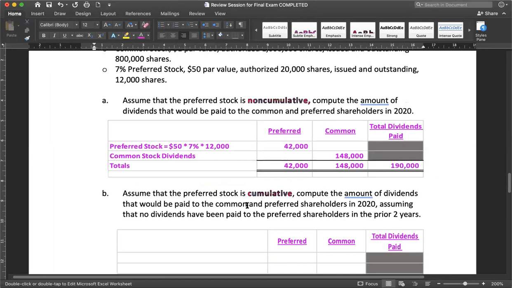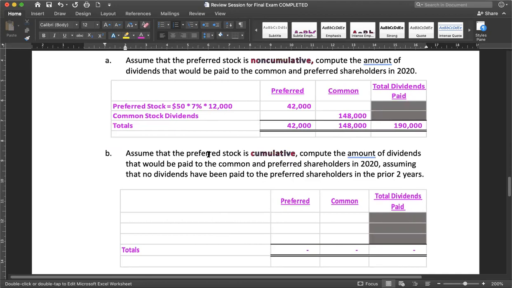But if the preferred stock is cumulative, what that means is if they didn't pay dividends last year to the preferred shareholders, then before they can pay any dividends to the common shareholders in the current year, they have to pay any dividends in arrears. That is, dividends that were not paid in prior years.